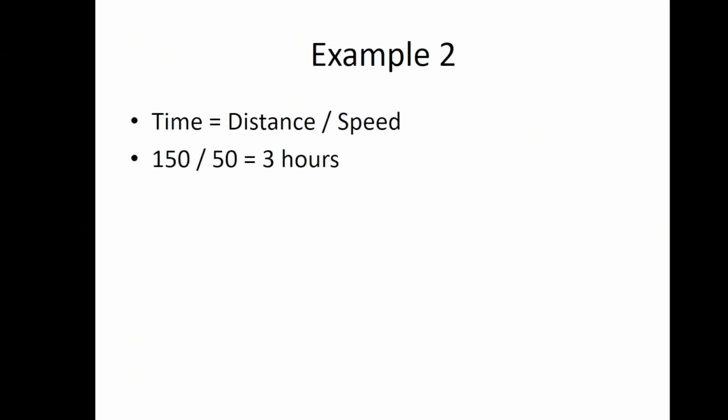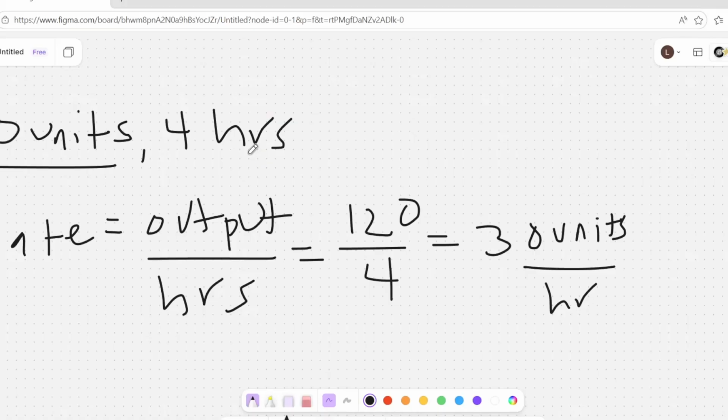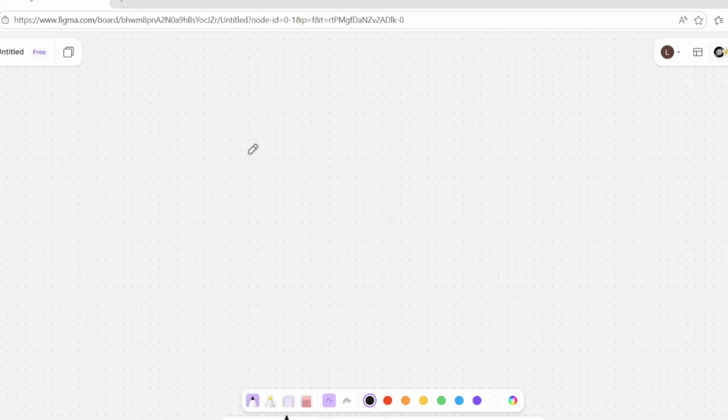Example number 2, finding the time, given distance and speed. It's just an application of algebra. Let's say a car travels 150 kilometers at a speed of 50 kilometers per hour.